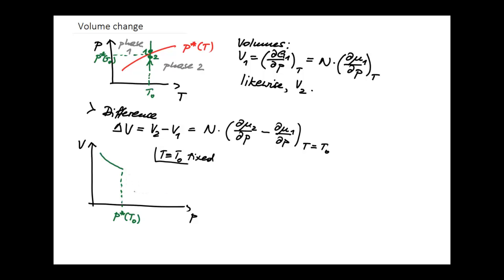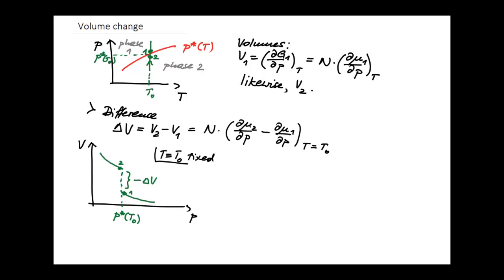In this case, we jump down, and this difference here is minus delta V. Just before the phase transition, we are at this point 2, and just after the phase transition, we are at the point that we labeled 1. Before we are in phase 2, and then we are in phase 1, and V2 minus V1 is delta V, but since we're going from left to right, the jump is minus delta V. Once again, this discrete change of volume may occur at a phase transition, but it doesn't necessarily have to occur.